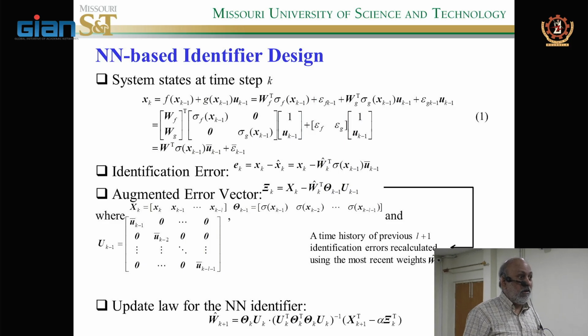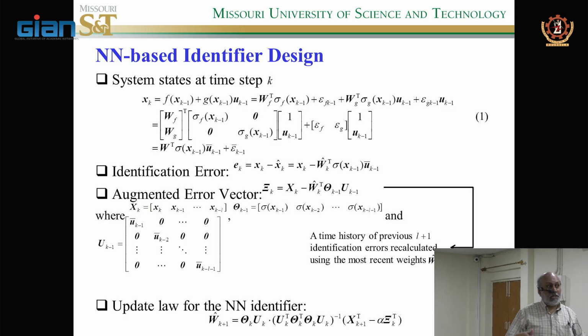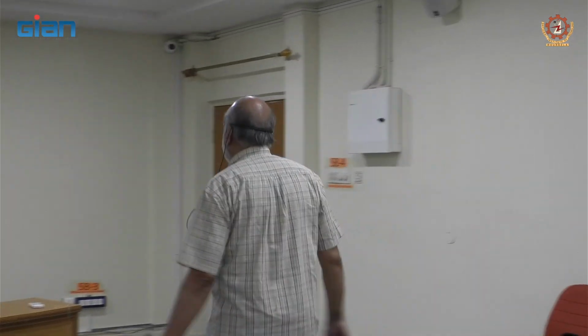There is a condition called persistency of excitation. I did explain that. The persistency of excitation condition isn't satisfied if you're only taking one value at a time. So you have to construct a matrix, and unless that condition is satisfied, the inverse of the whole matrix doesn't exist. That's the PE condition.